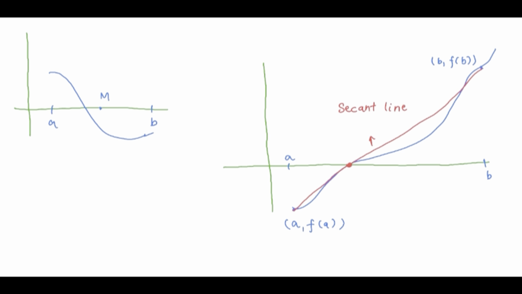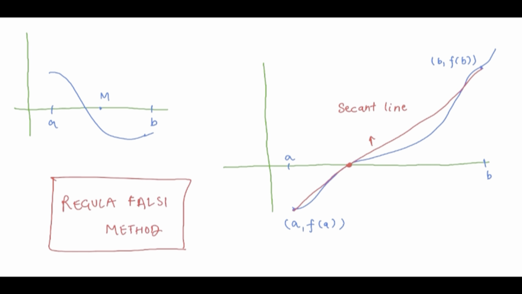If we extend it until it intersects the x-axis, that intersection gives us another approximation to the root. Since this approximation uses the values of the function itself, it is often much closer to the actual root than the midpoint. It is the central idea behind the regula falsi method.